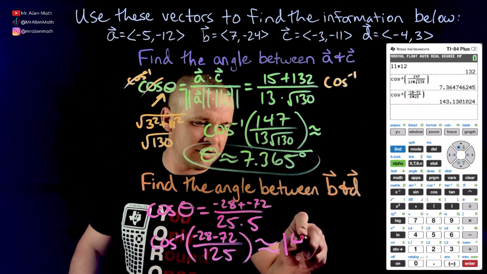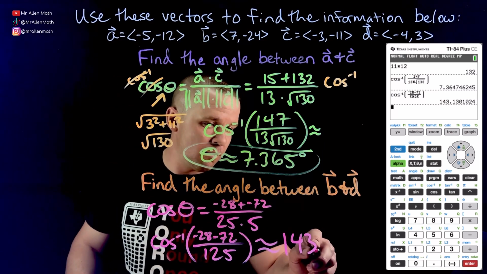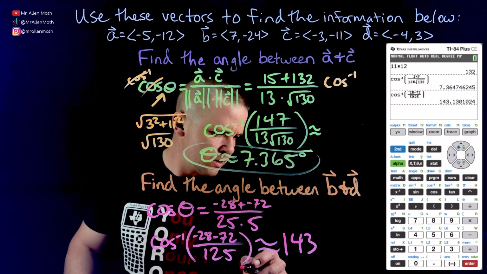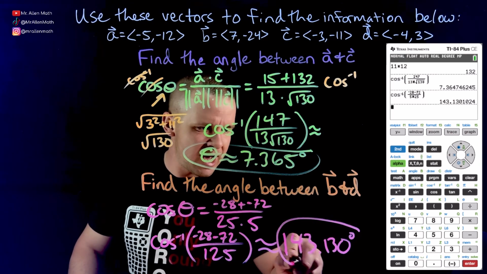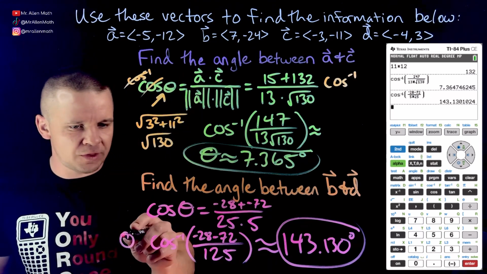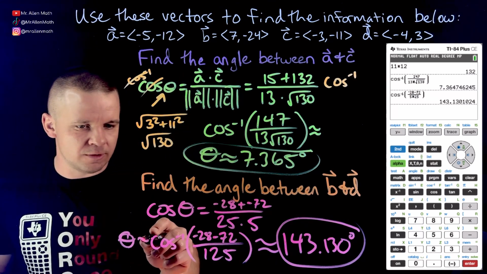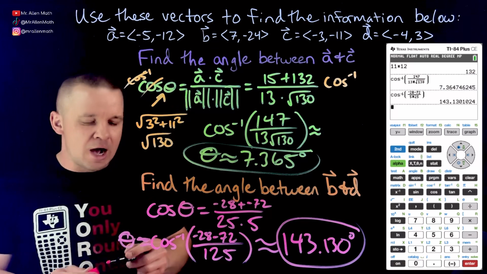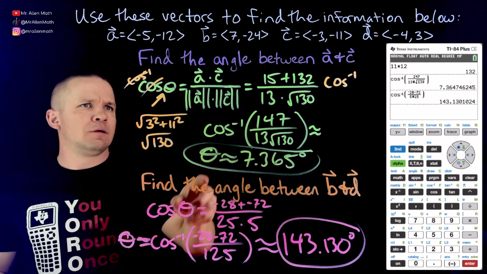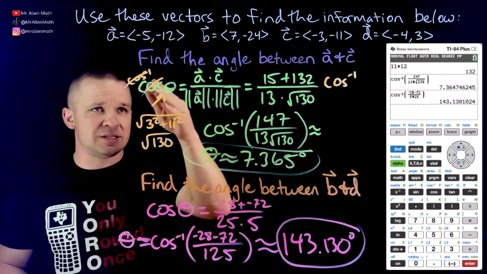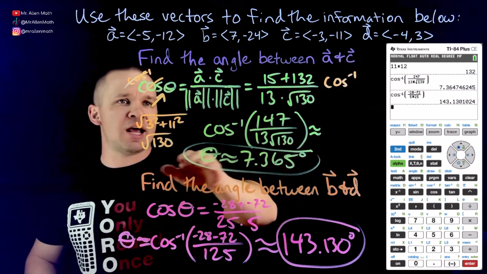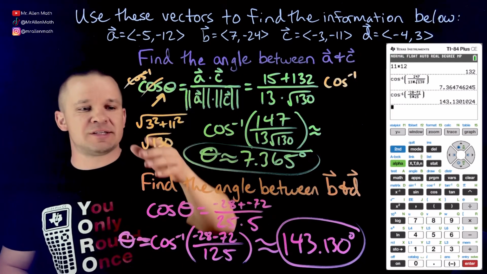I like it. Let's think about whether that makes sense. 143.130, so 0.130 degrees. That is my theta. B is positive, negative, so it's in the fourth quadrant, and D is negative, positive, so it's in the second quadrant.